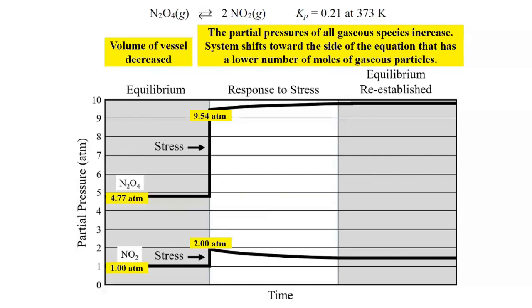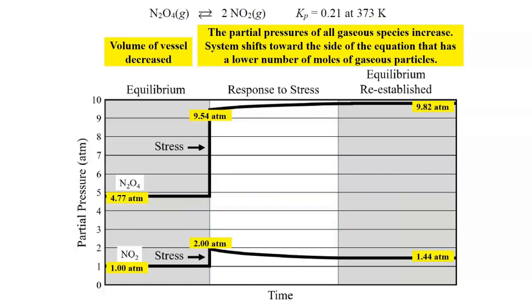That's how it responds to this sudden increase in pressure. So it's going to shift to the side of the equation that has a fewer number of moles of gaseous particles, because that will reduce the number of collisions with the container walls and slightly decrease the pressure. Take a look. Here are the new numbers when equilibrium is reestablished.